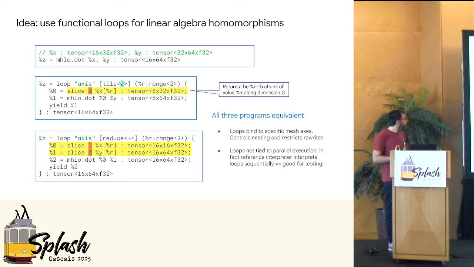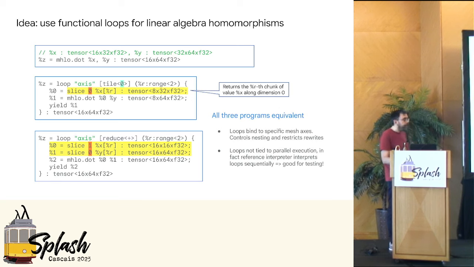You can actually view it as producing the output along the 0 dimension in chunks, where every chunk could be produced by a smaller matrix multiplication of a slice of the first operand with the full second operand. And this tile 0 says that you should stack all the chunks together on the 0 dimension again.